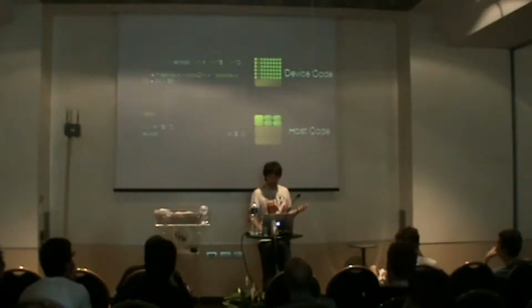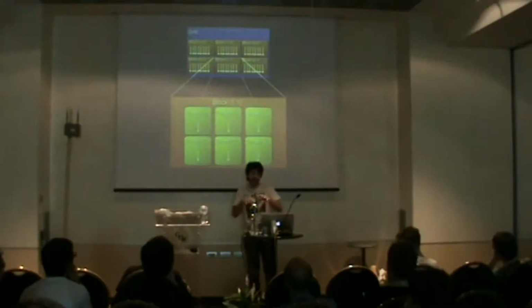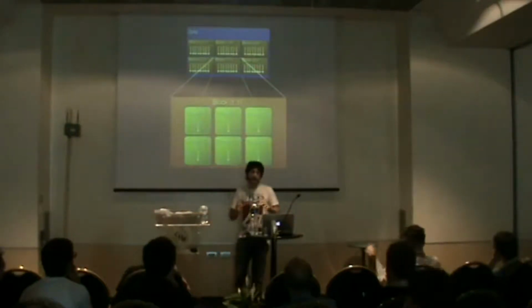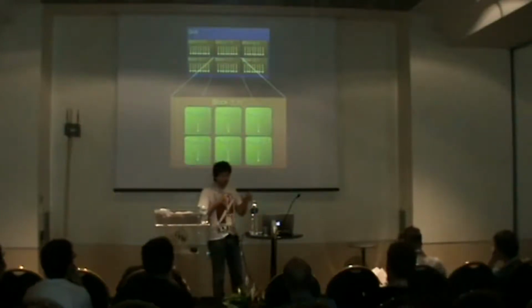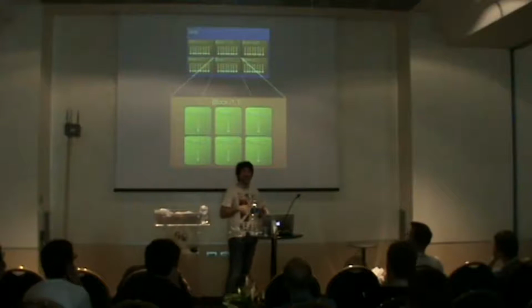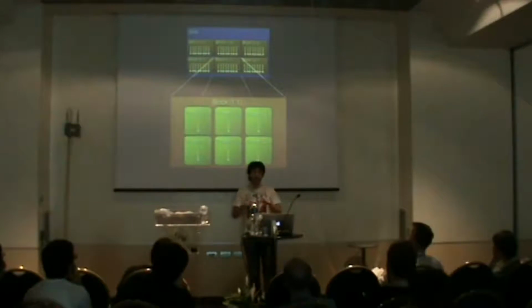Each of these threads has an ID that identifies the thread. These threads are then divided into blocks. Each thread has an ID, and each block has an ID, and all the blocks form the execution grid.